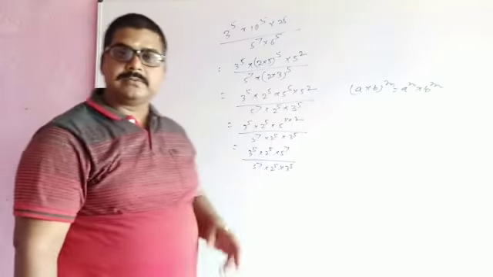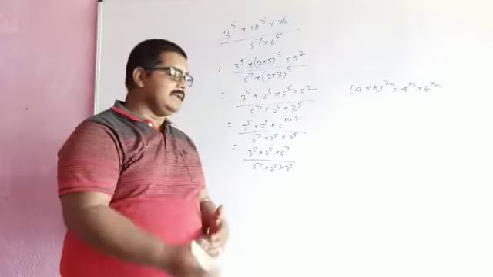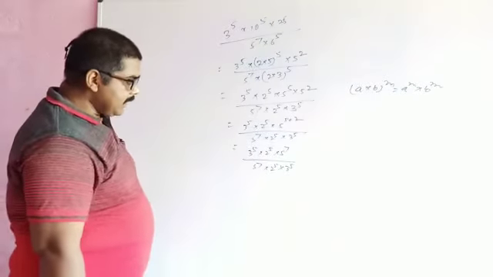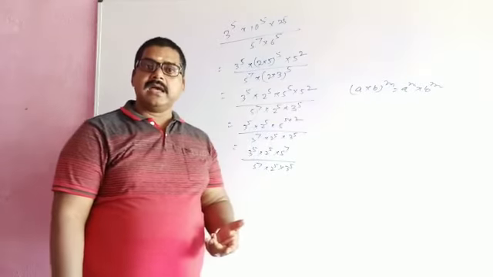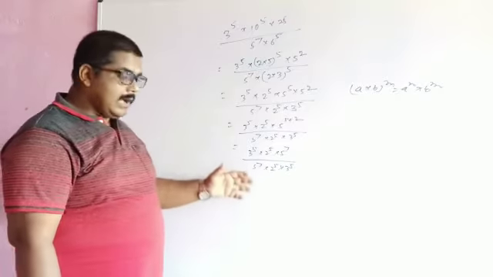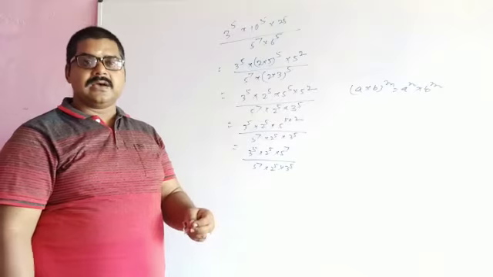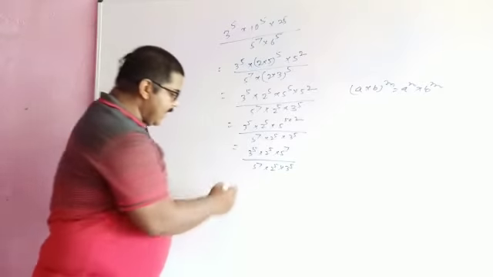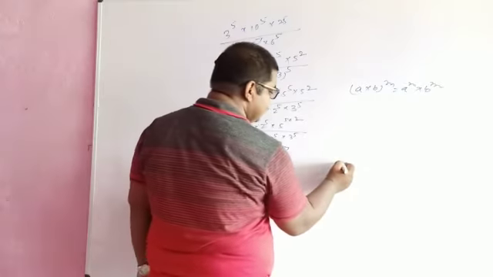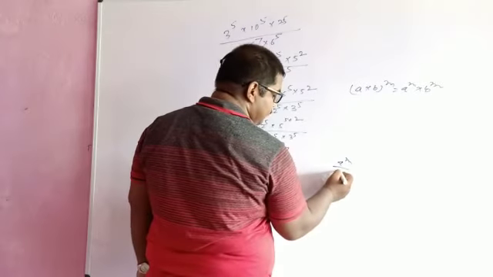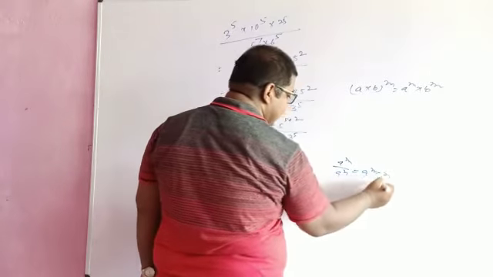Now, you have two choices. One choice is that you can cancel it, or you may apply the formula of exponents. I apply the second one. I utilize the law of indices, and you know very well that by this law a to the power m upon a to the power n can be written as a to the power m minus n.